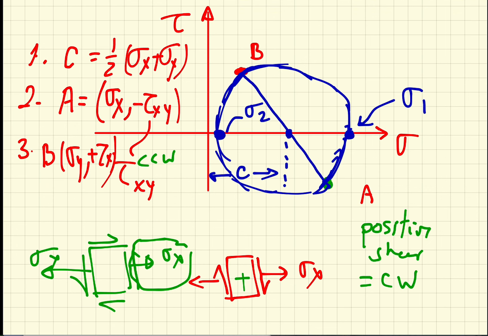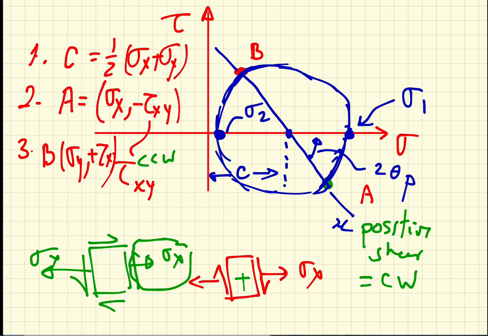And the angle of rotation from the x-axis, this is the x-axis here. If we rotate the x-axis in a counterclockwise direction, this angle here will be 2 theta p, which is one of the 2 angles of the principal stresses.